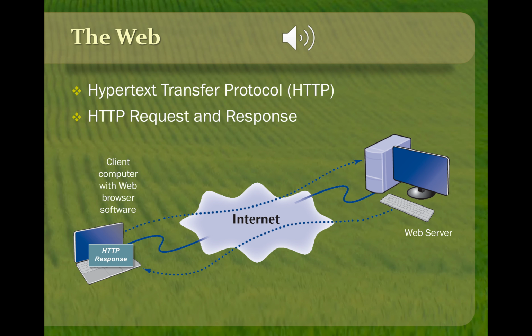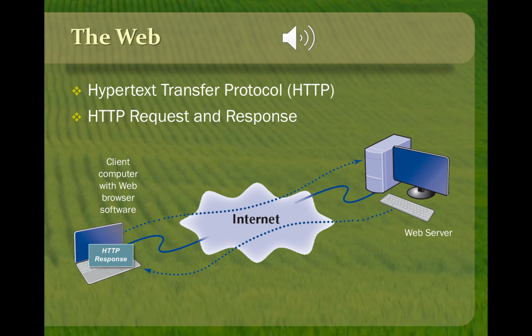So, HTTP is the Hypertext Transfer Protocol. It's not the same thing as HTML. They are different. HTML is the markup language that is used within the Hypertext Transfer Protocol. HTTP consists of requests and responses that get sent through the internet from one machine to the other.